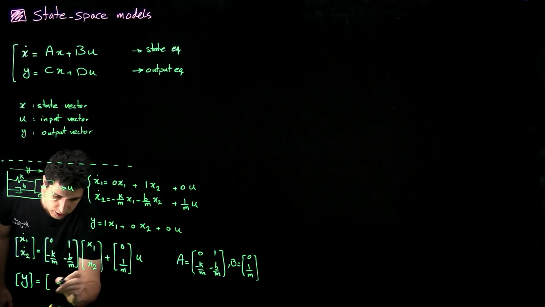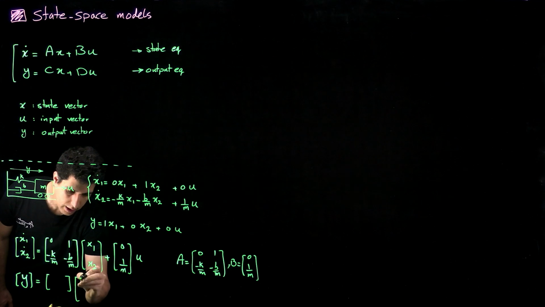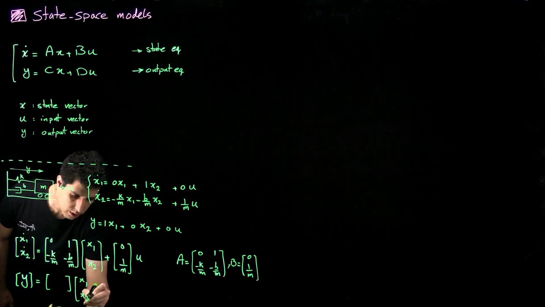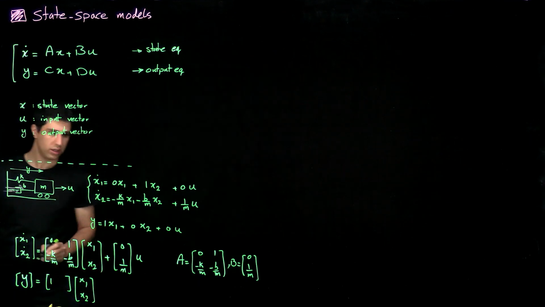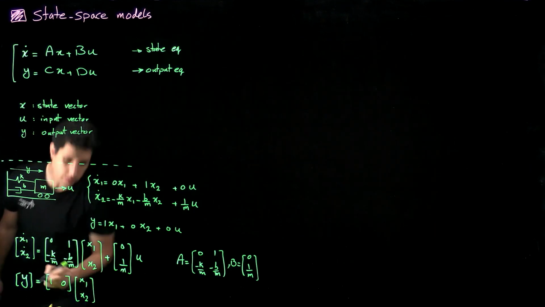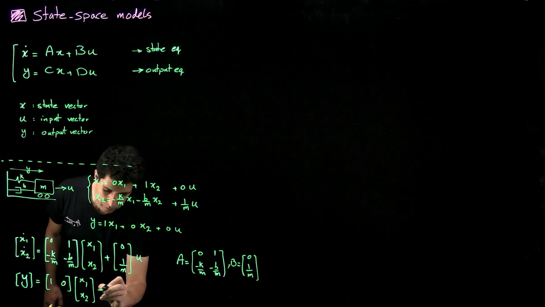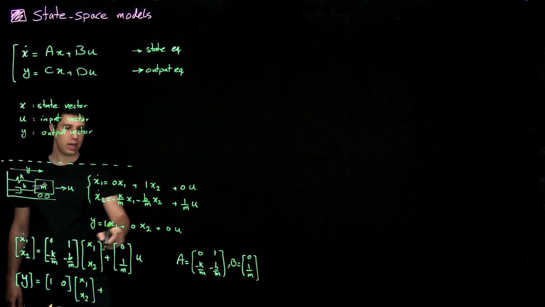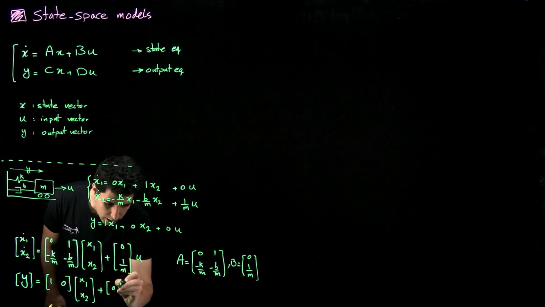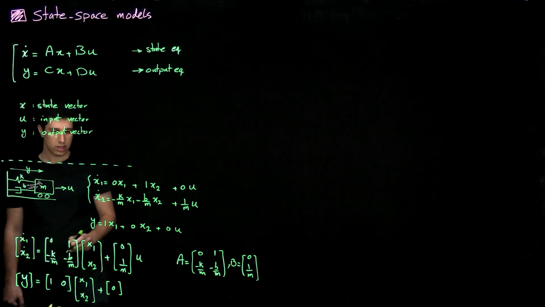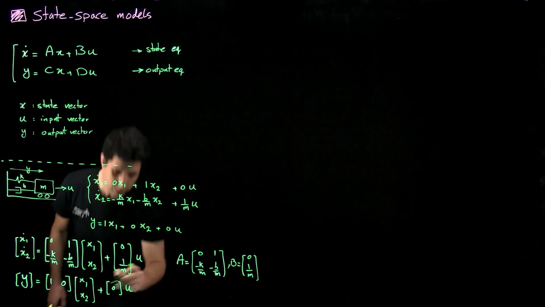So it is just one row multiplied by x1, x2. So I have 1 x1 and 0 x2 plus, and my D matrix is just going to be a scalar, so only a matrix containing value 0 times u.